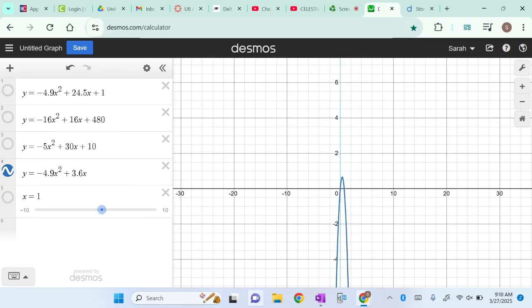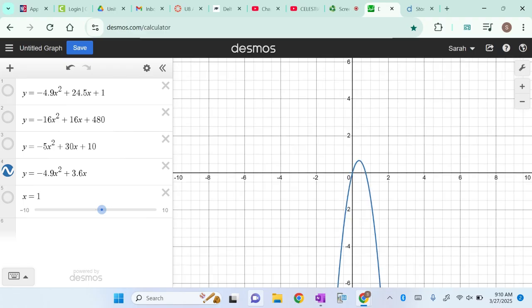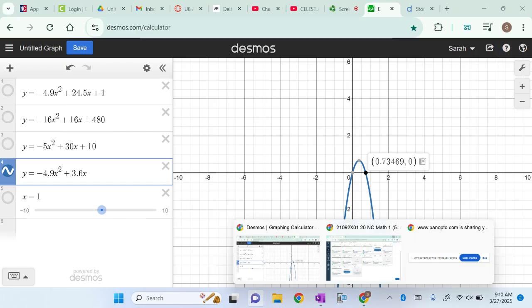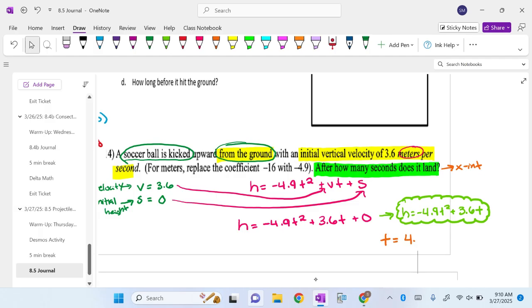If we zoom in a little bit on it, we're looking at this x-intercept, so 0.735. Okay, got it. So that's not even close to what I was writing. So yeah, 0.74 seconds. That's how long it takes for it to hit the ground.